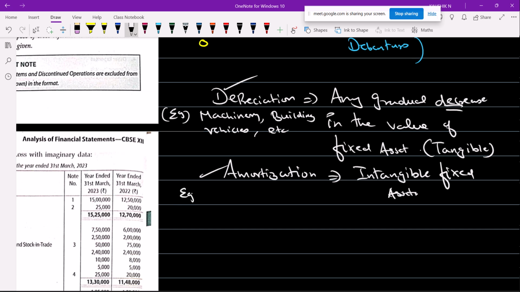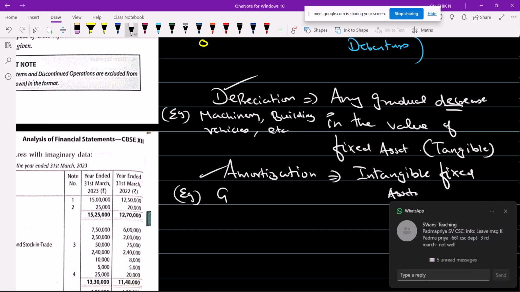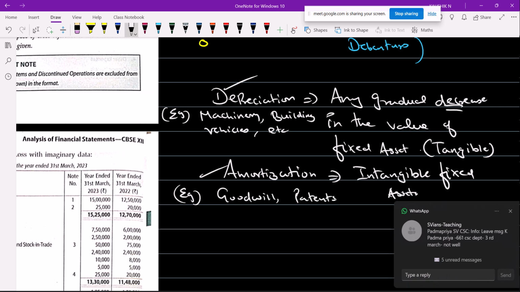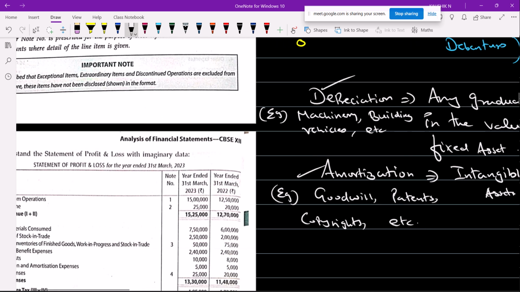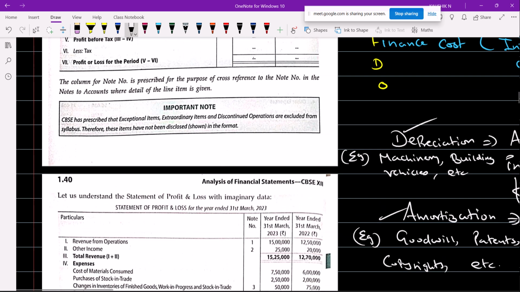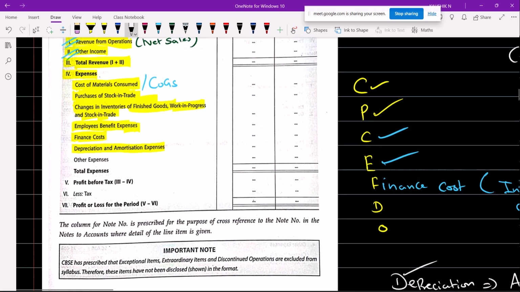Whereas examples for amortization are goodwill, patents, copyrights. So all these are examples for amortization. That means they are all intangible fixed assets which undergo the amortization process when their value gets decreased. Any doubt up to this category of depreciation and amortization expenses?